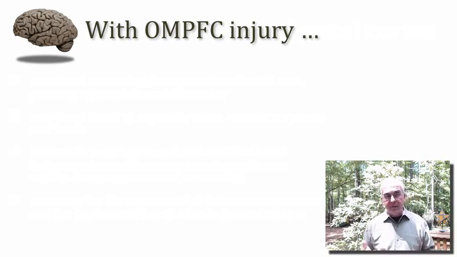Much of what we've learned about such cases stems from studies of that famous case of Phineas Gage back in the 19th century, who had an iron rod blown through the anterior part of his cranium with severe damage to his orbital and medial prefrontal cortex.